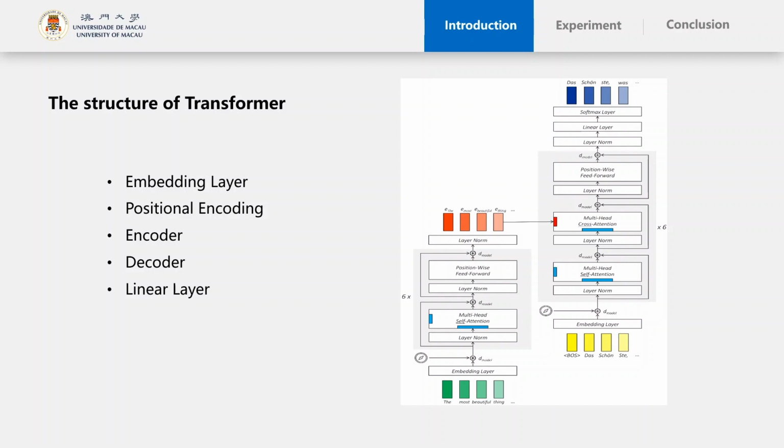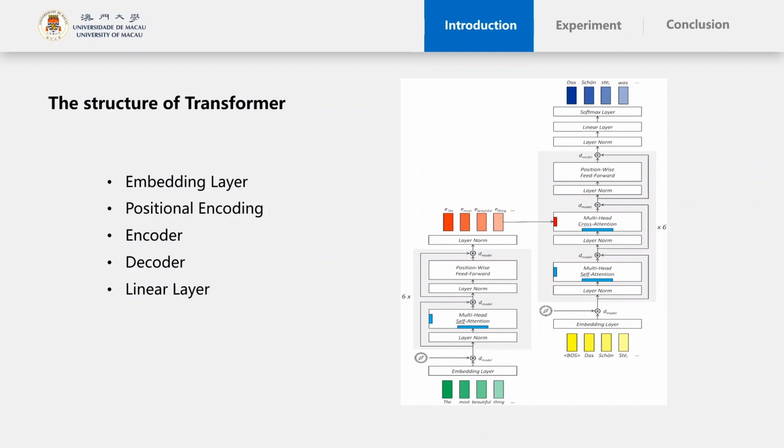Because each token of a sentence has no order, the positional encoding gives an order to each token, and the embedding layer encodes the token from the real world into embedding features.